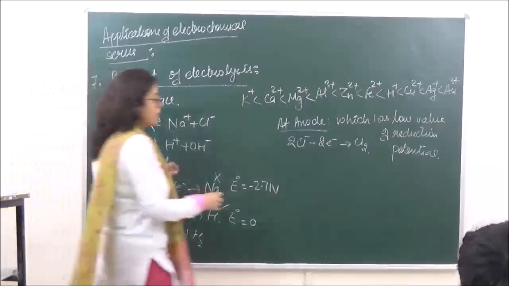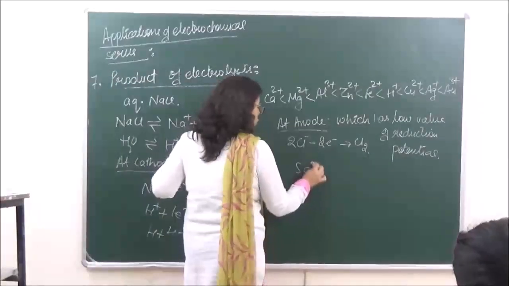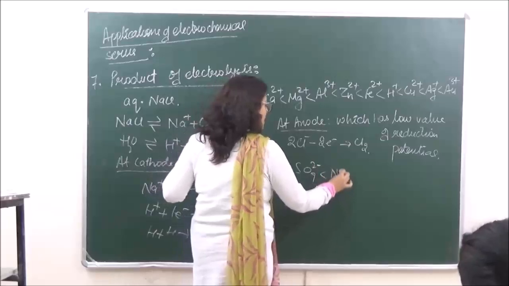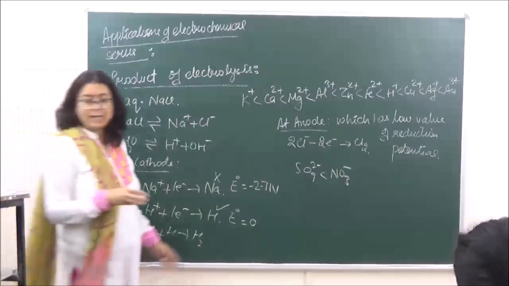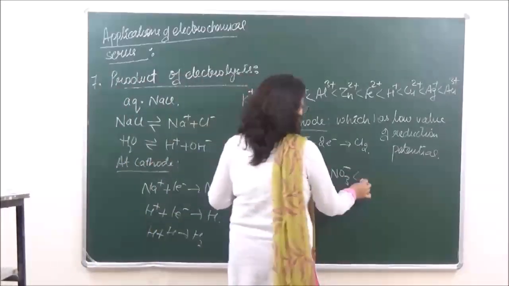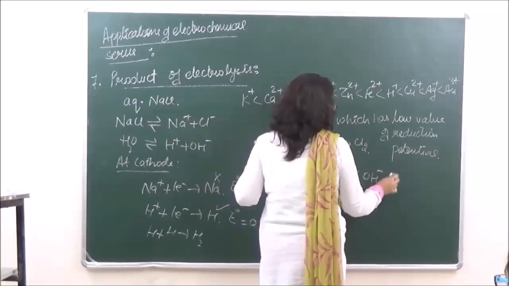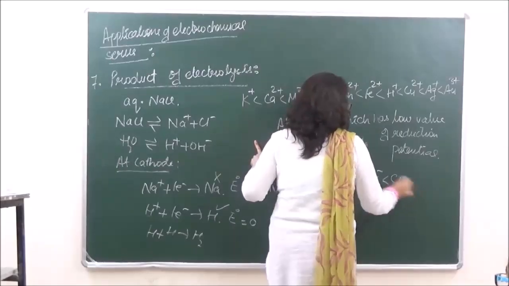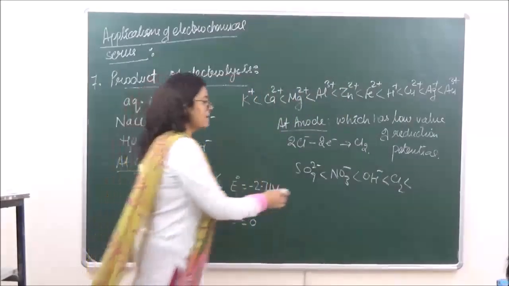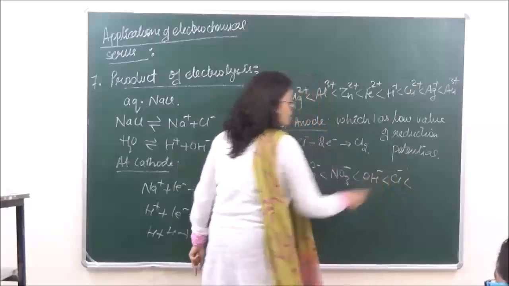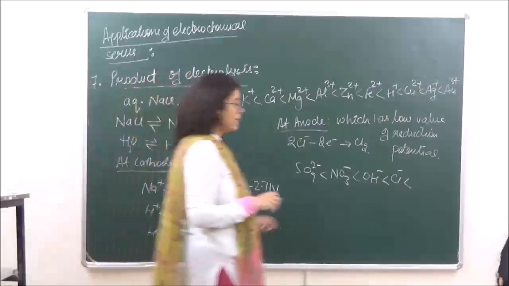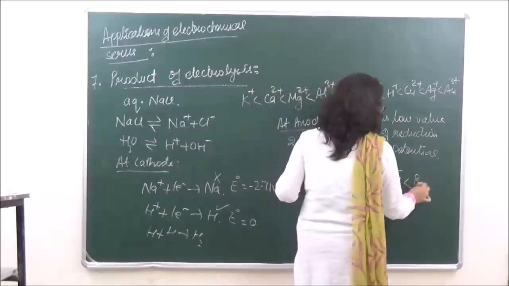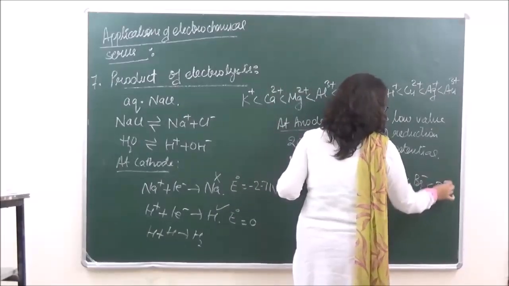So the order is: SO4 2 negative, then more than that NO3 negative, more than that OH negative, more than that Cl negative, and greater than Cl negative are Br negative and I negative.